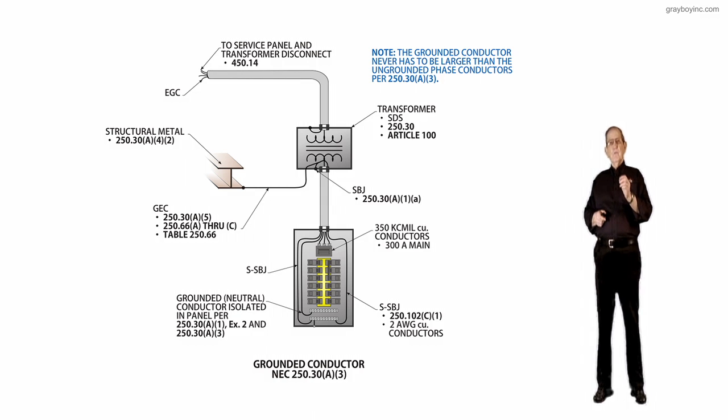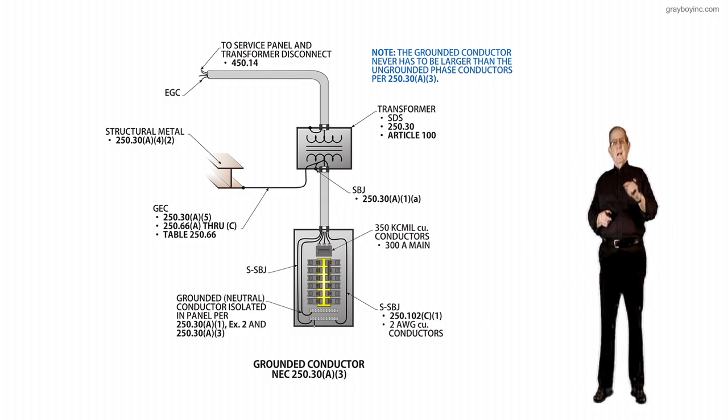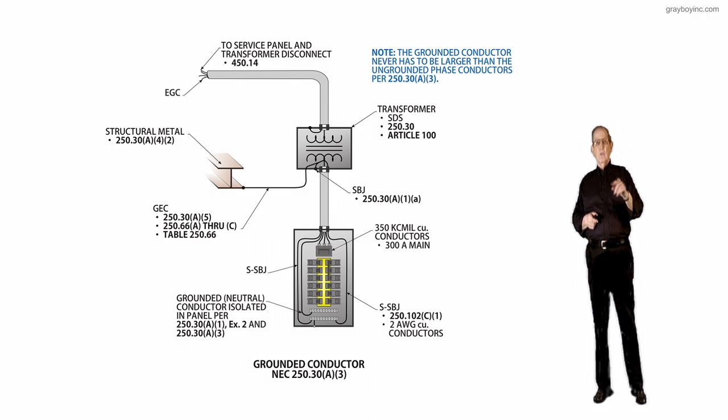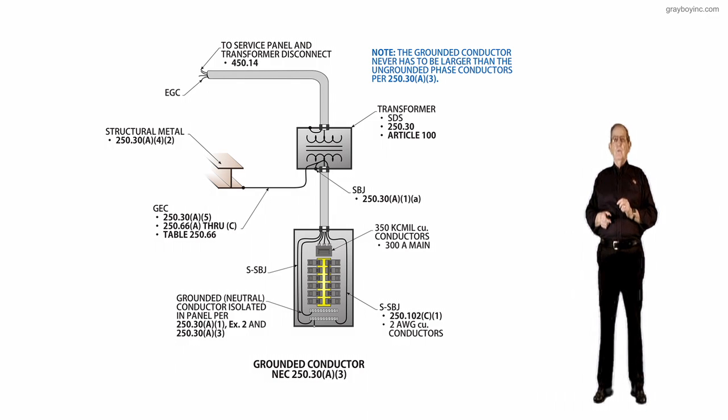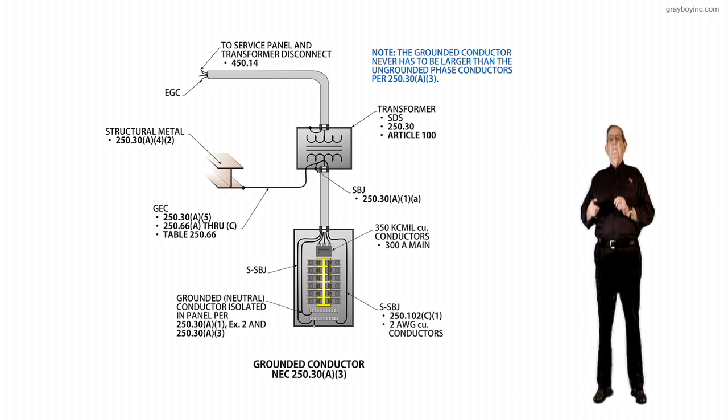But if it's a neutral, then remember you've got to go to 220.61, calculate the neutral load, and take the larger of the two. That's very important. And then if you're connecting it to the structural steel, for example, in the transformer, then it would be number 2.